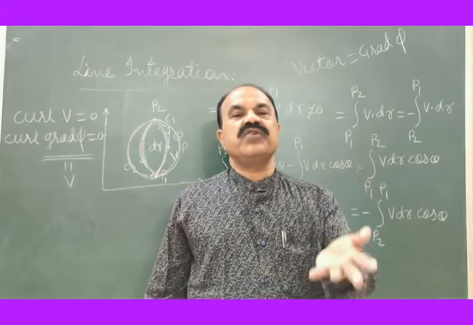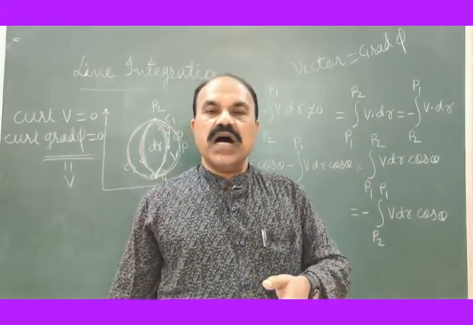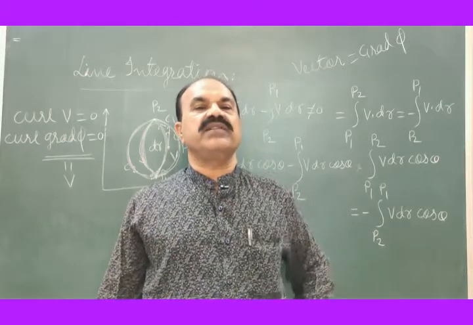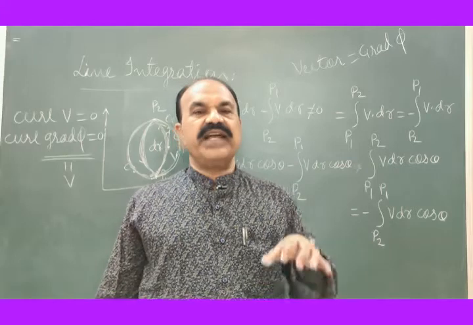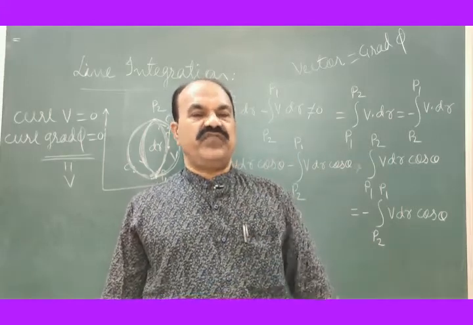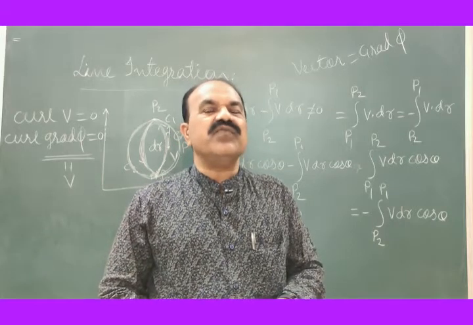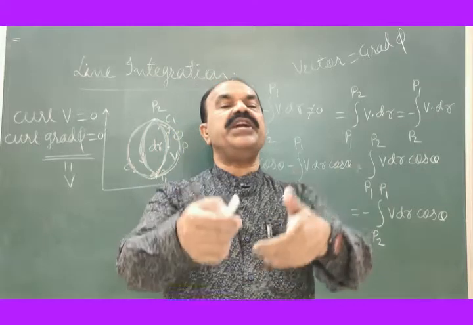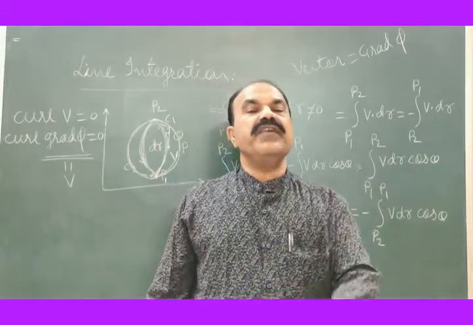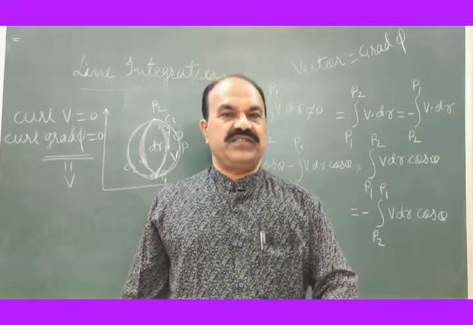The line integration of a vector point function is always 0 around a closed path in conservative vector fields. Whereas in non-conservative vector fields, which are generally non-central force fields, such as the magnetic field.